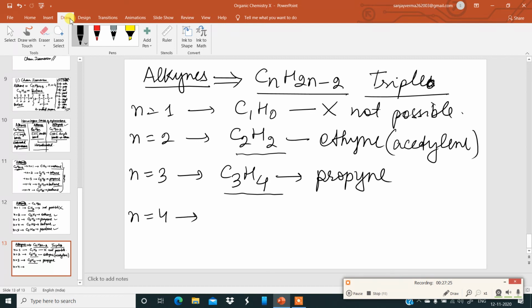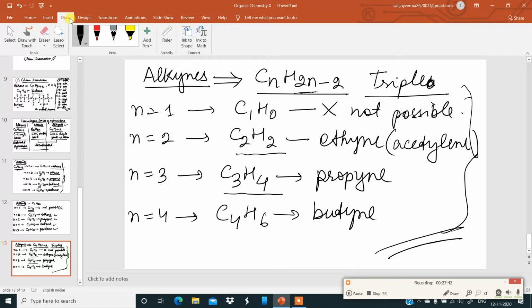N equal to 4, 4 carbon atoms, C4H, 8 minus 2 is 6, so C4H6. This compound is called butyne. So these are alkynes, and they belong to the family which is called acetylenes.